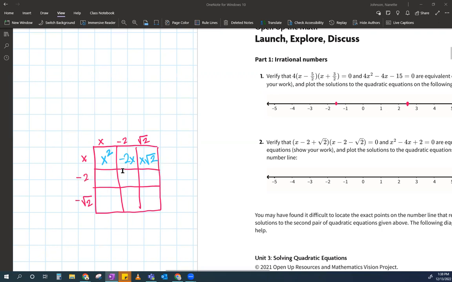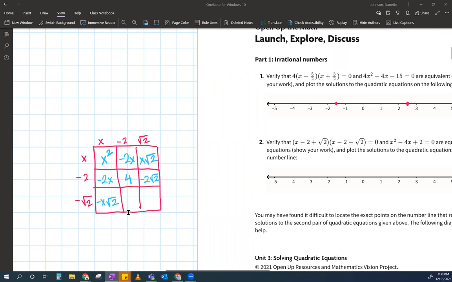What about -2 times X? So not bad again, right? So -2 times -2, that's 4. -2 times √2 is -2 √2. Is there anything horrible about this? No, right? It just looks really bad. So this one is going to be -x √2. -2 times, okay, so I'm going to take this one slowly. -2 times -√2.